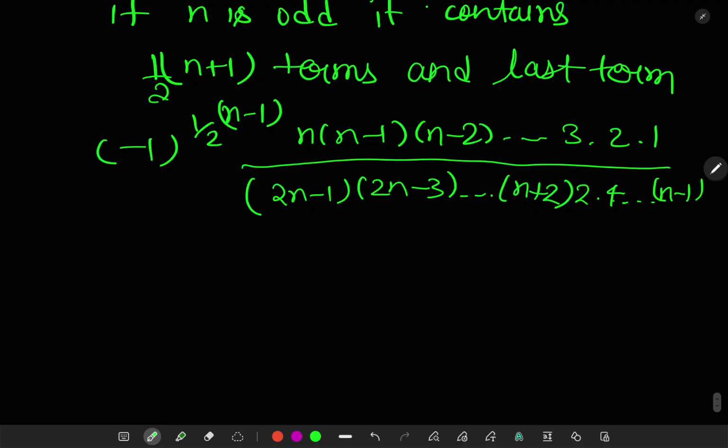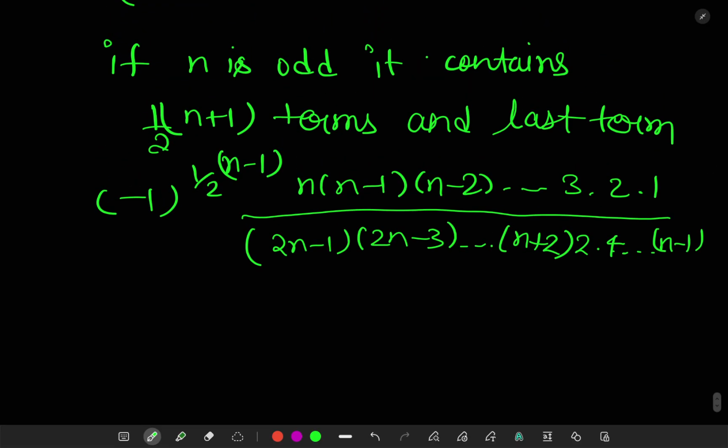Here Pn is called the Legendre function of the first kind.